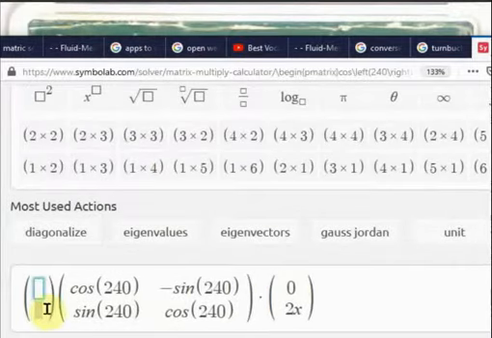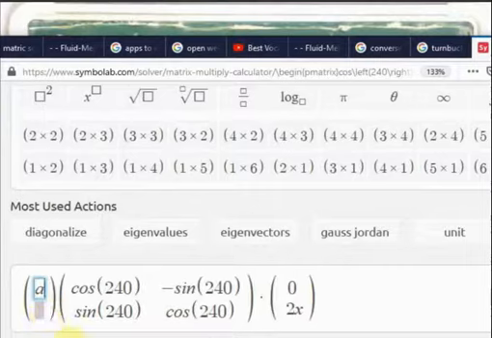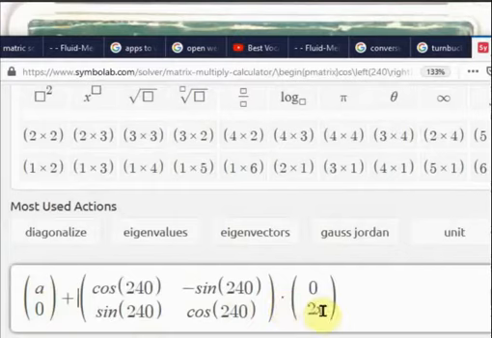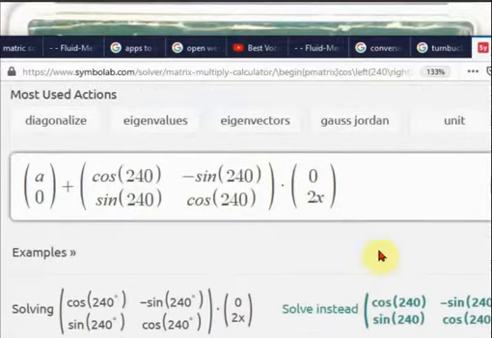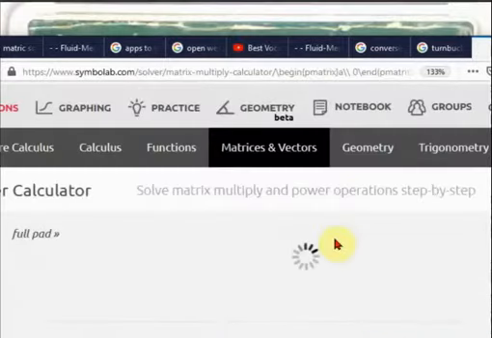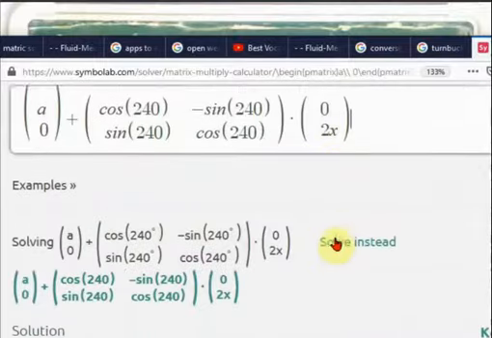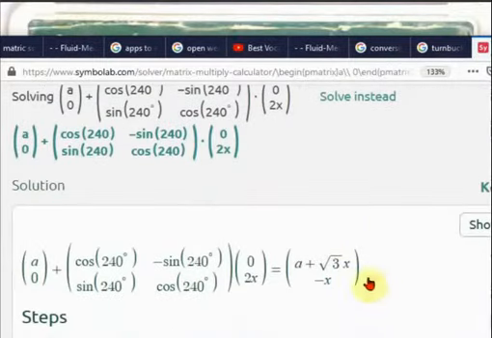This one represents A. Then we have 0 there, plus the distance 2, and then theta double dot represents the angular acceleration.